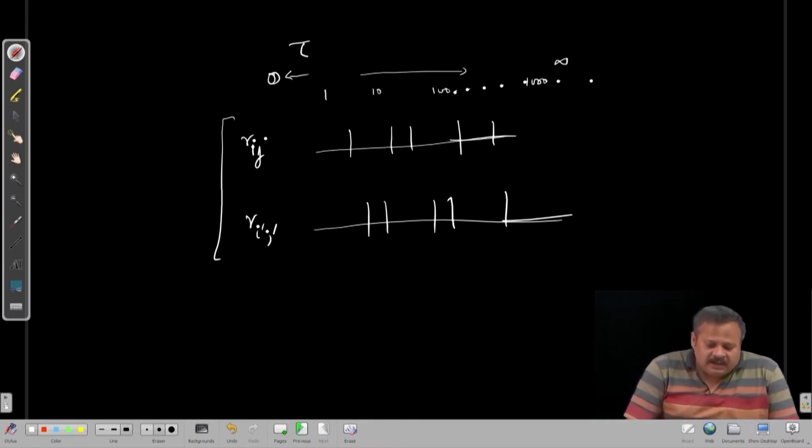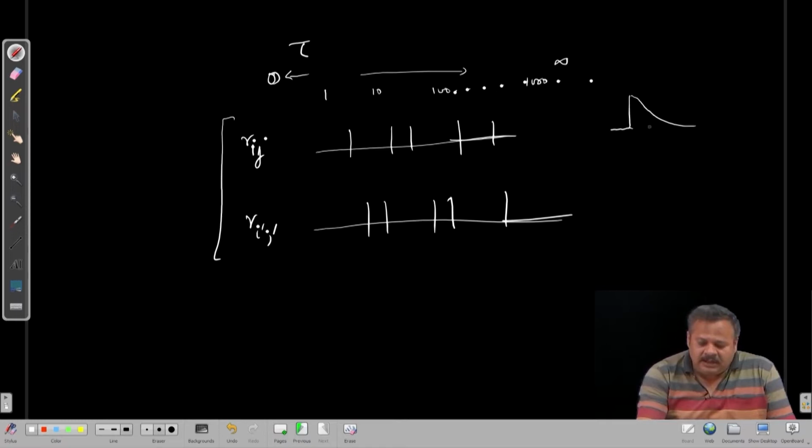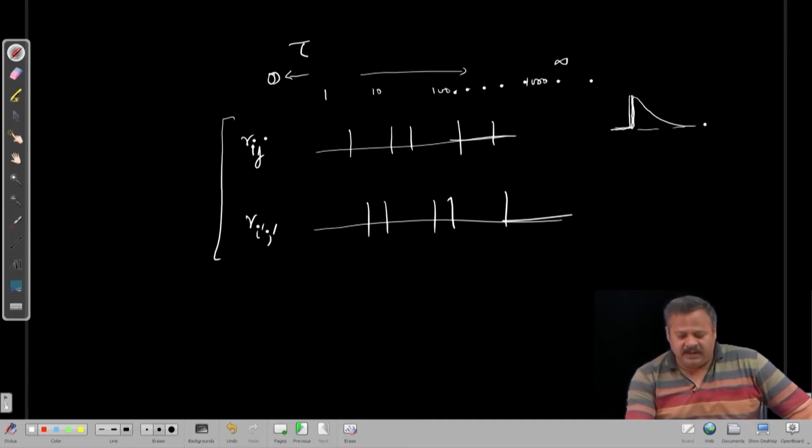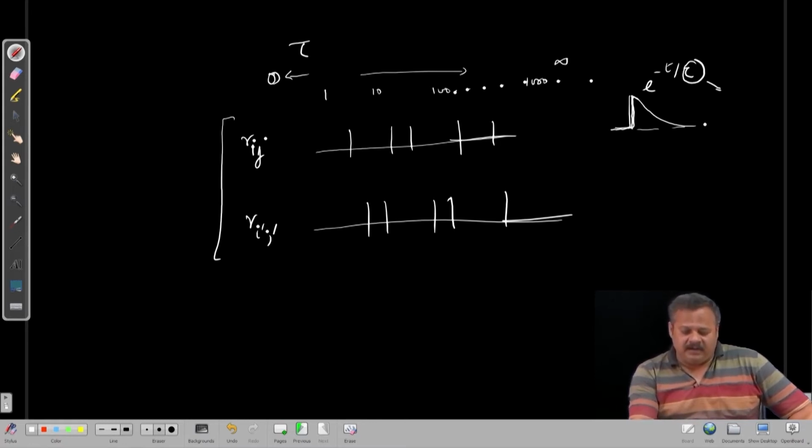We can think of the postsynaptic potential corresponding to each of these spike trains by convolving each of the spike trains with an exponential decay, which is essentially the shape of the EPSP produced by the spike train, an idealistic shape. So this is e to the power minus t by tau, and this tau can be varied.